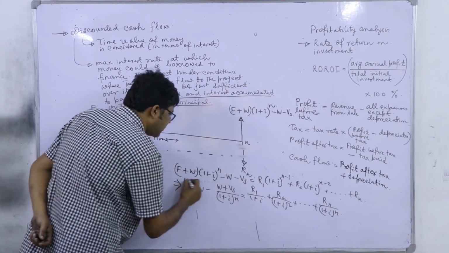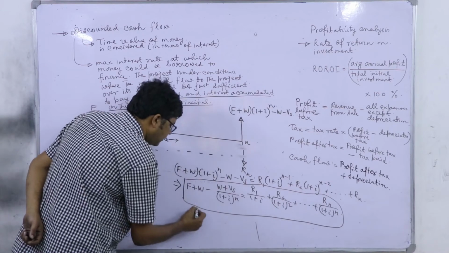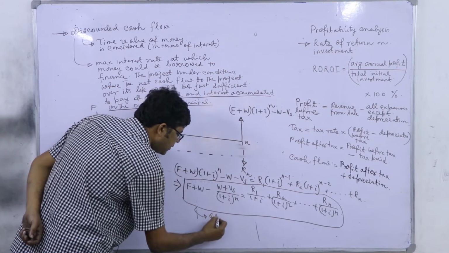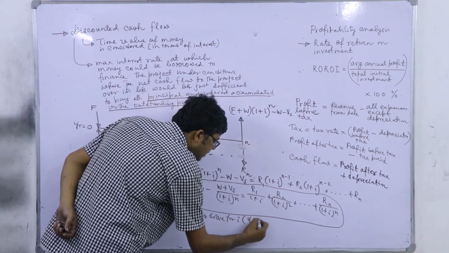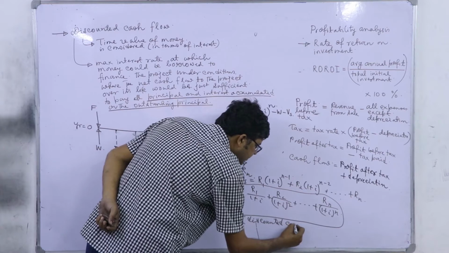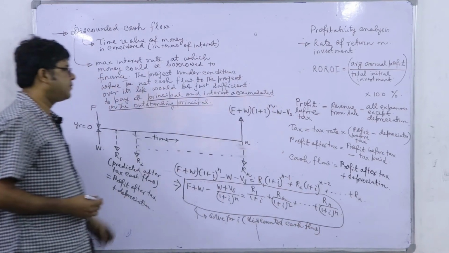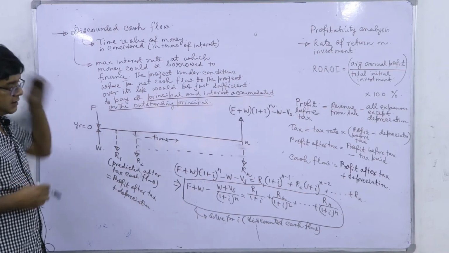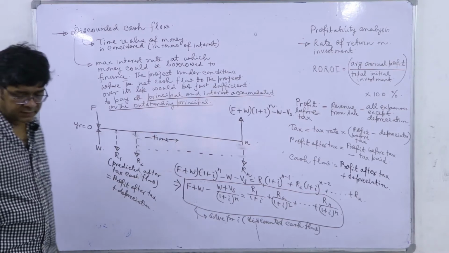So, from this equation or the previous, solve for I, and that is the discounted cash flow measure we have to calculate, and if the I is high, definitely your project is more profitable.